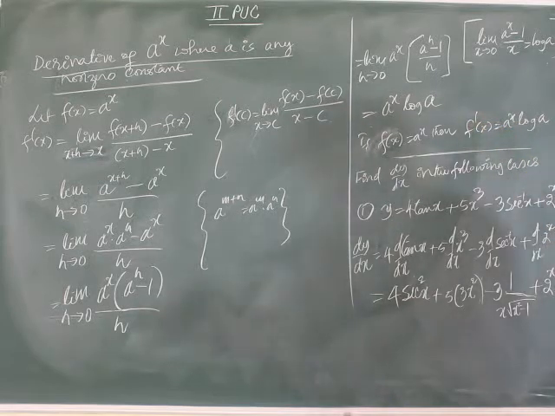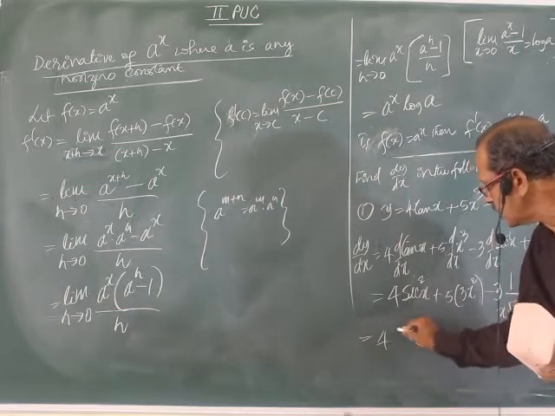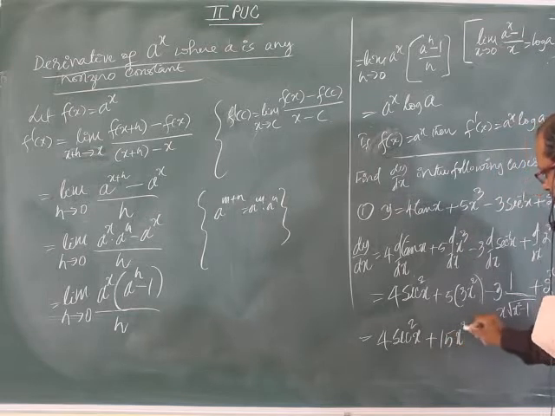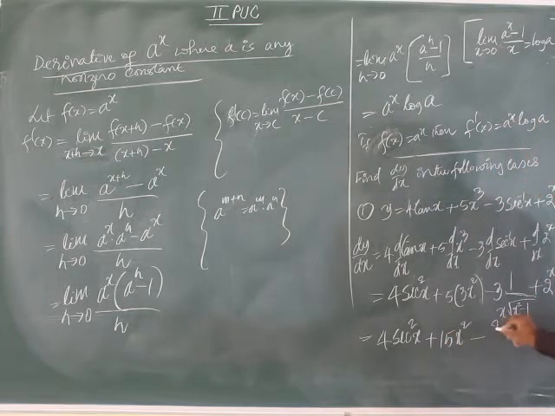Simplification: 4 secant square x, 15x square, minus 3 by x into root x square minus 1, plus 2 to the power x log 2. Enough.